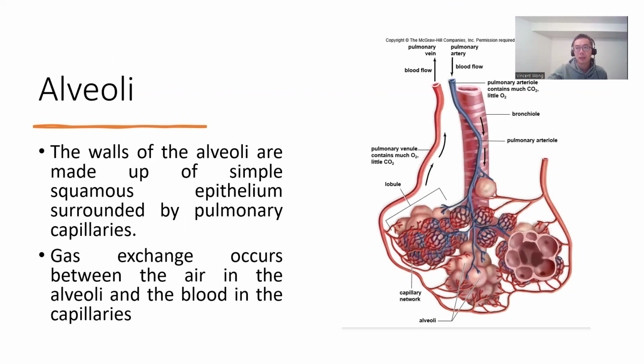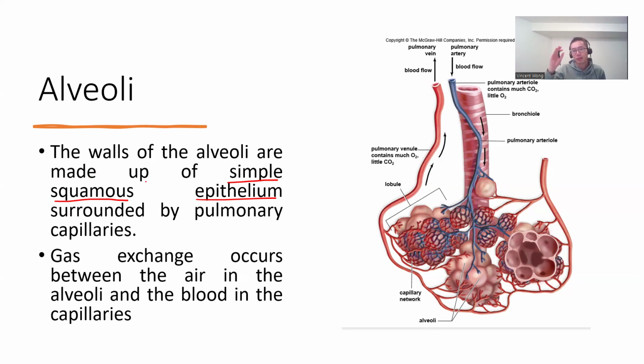In terms of the tissue that makes up the alveoli, last semester I told you that because we want gas to cross easily, the alveoli are made up of simple squamous epithelium. Simple means one layer, and squamous means flat.